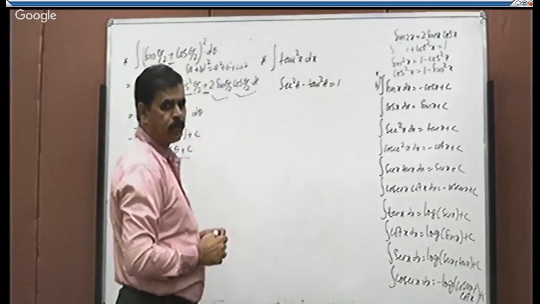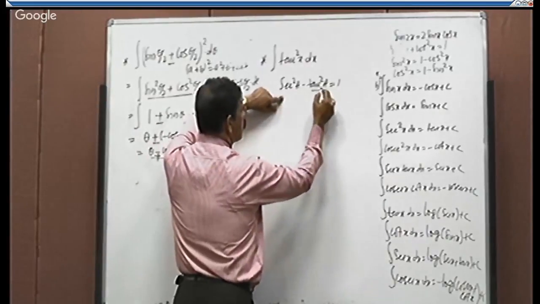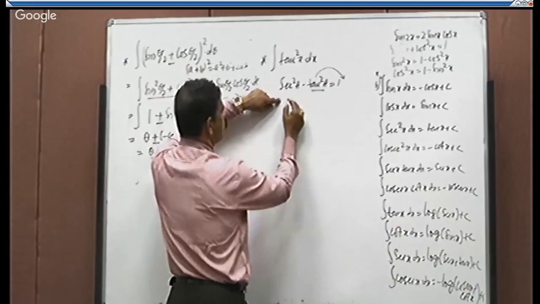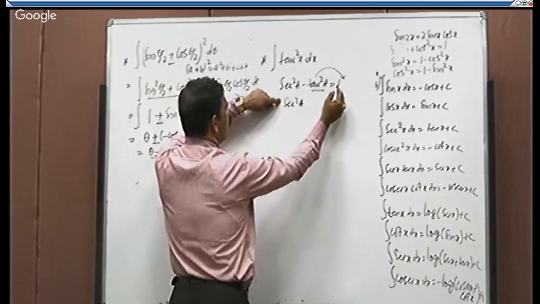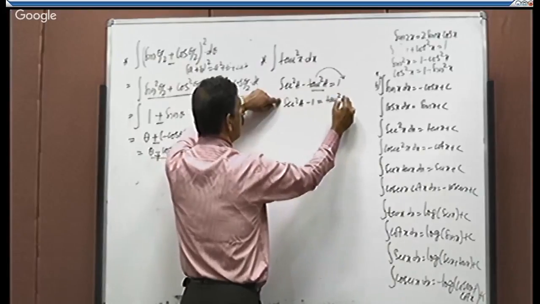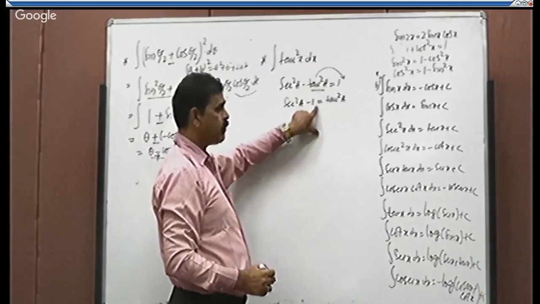Okay, secant square a minus tan square a is 1. According to that, we can take tan square in terms of secant square. Secant square a minus 1 is equal to tan square a. We have integration for secant square and 1.